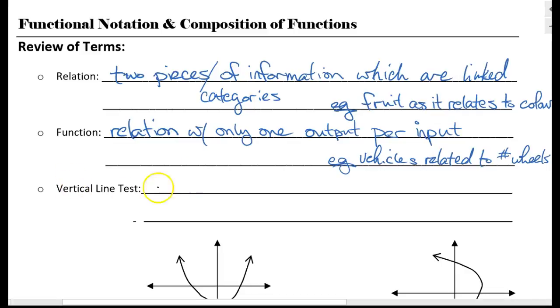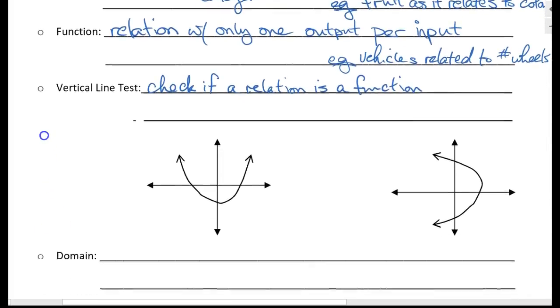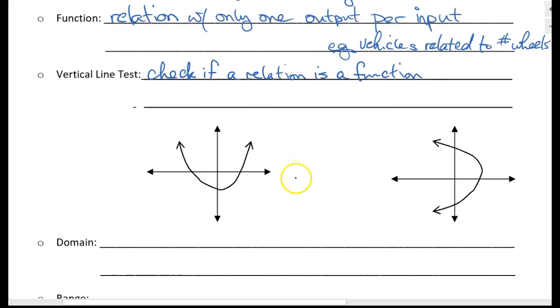So we do vertical line tests to check if a function, or if a relation, is in fact a function. So we see this in our first graph.